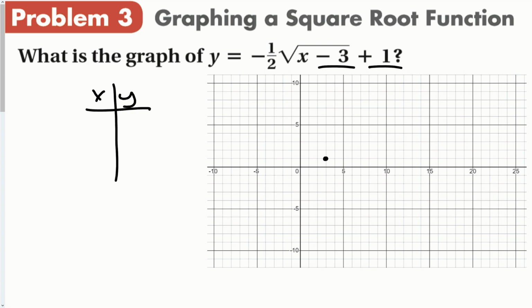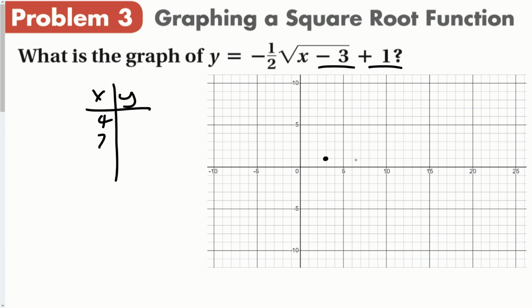The trick to making a table is plugging in numbers that will give you perfect squares underneath the radical. So 1 to the right of the starting point, I'm going to plug in 4. 1, 2, 3, 4. So I'm going to plug in 7.